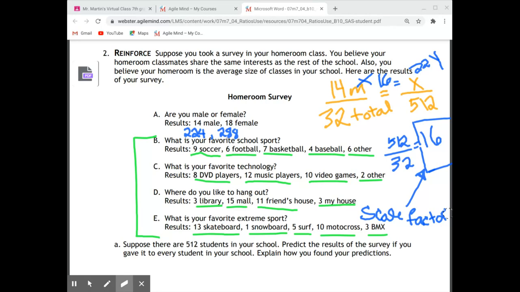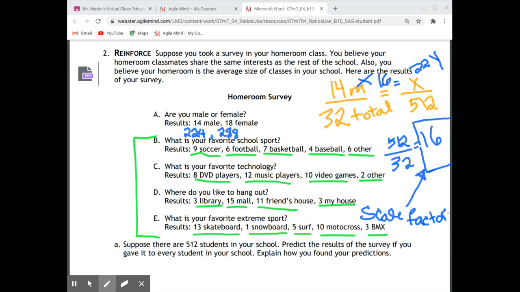What would we need to do? Multiply by our scale factor, so 6 times 16. All right. So what is 6 times 16? 96. All right. You are 100% correct. So we get 96 for our football players.